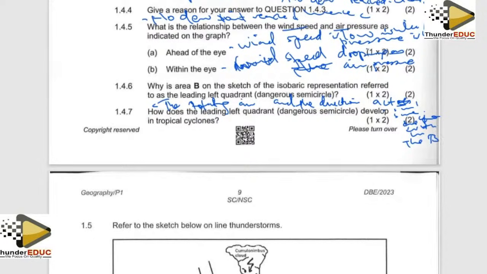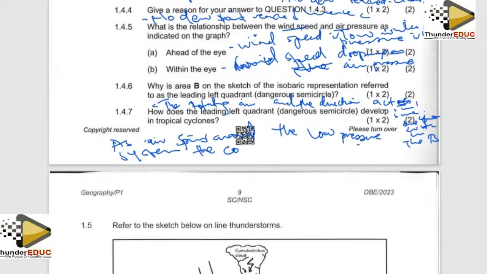Okay, then how does this leading quadrant semicircle develop? So we shall say that as A, or wind, spins around the low pressure system, they coincide or act in a spiral to each other in the southwest direction.